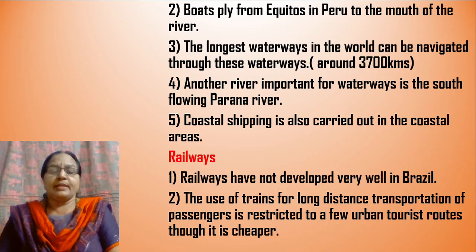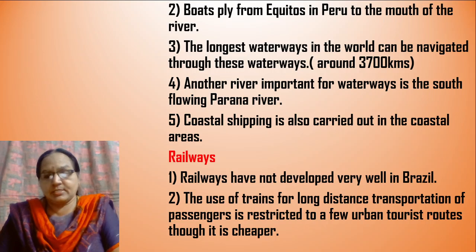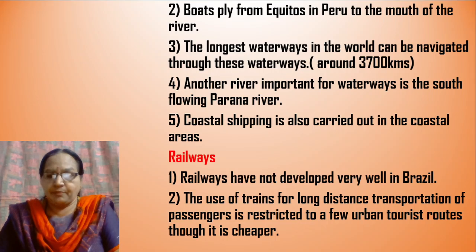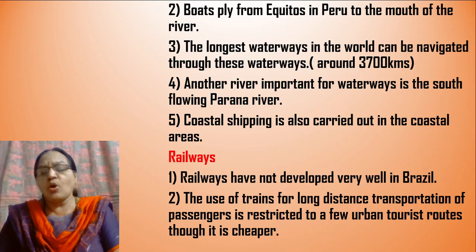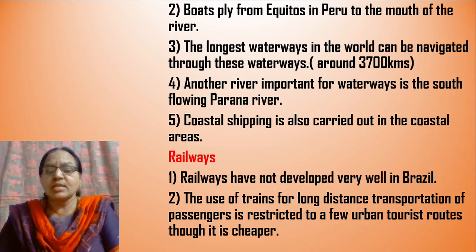Okay, then next is railways. Again, we find railways are not very well developed in Brazil. The use of trains for long distance transportation of passengers is restricted to a few urban tourist routes, though it is cheaper.